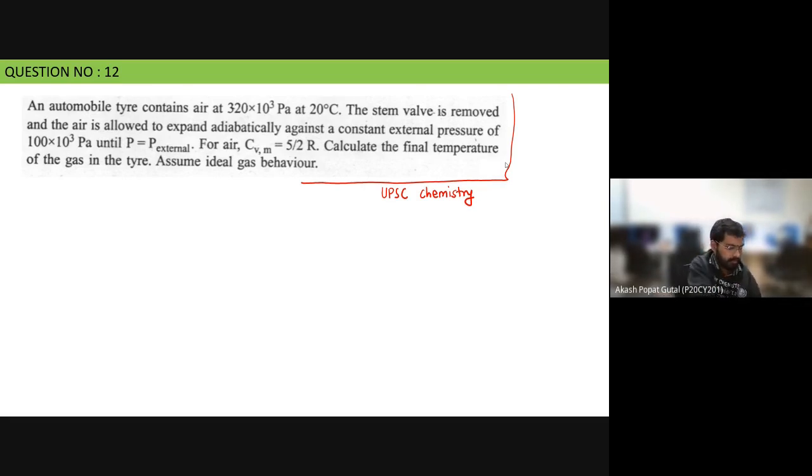Try to solve it. So we'll extract out the given things.